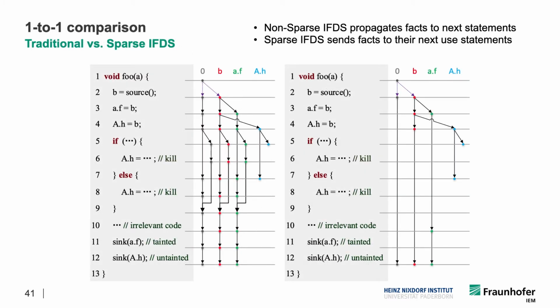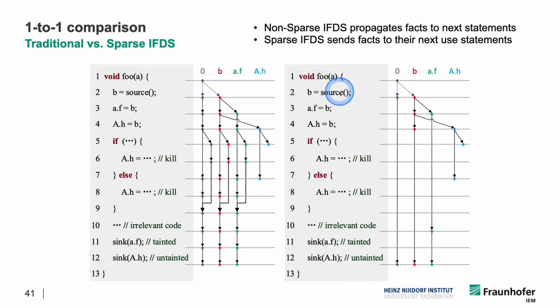And if you take a look at what the effect basically is, then you can see that with the non-sparse original IFDS propagation, this propagates every single fact to the next statement, right? So everything is propagated to the next statement unless it is killed, of course.